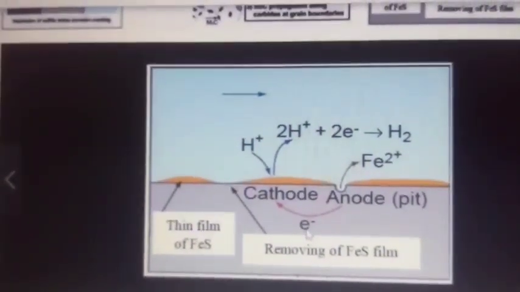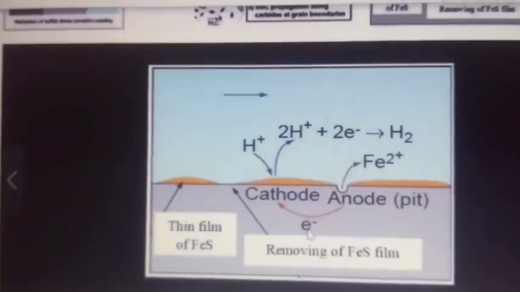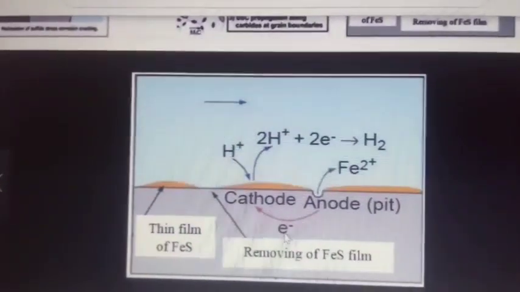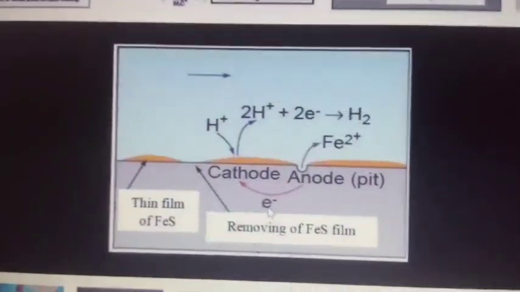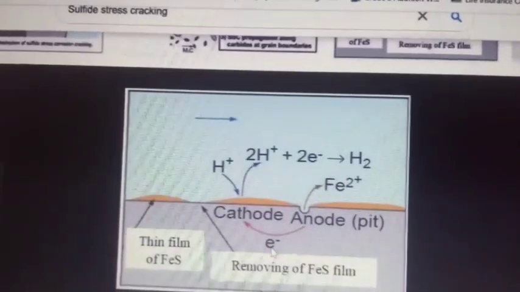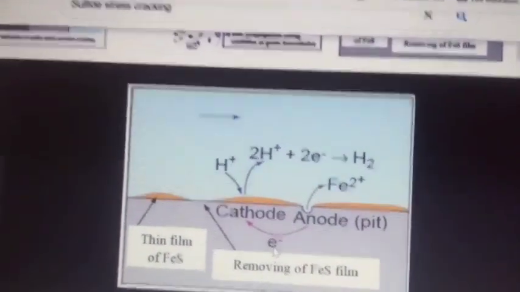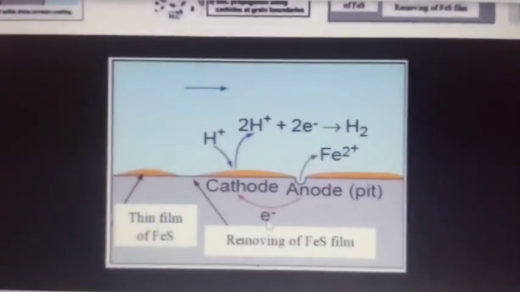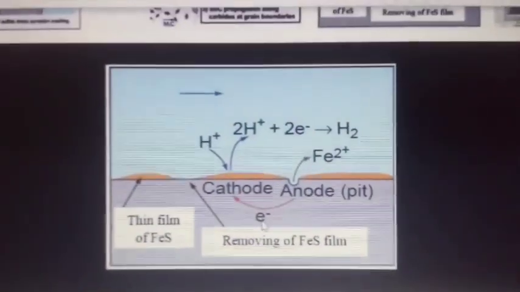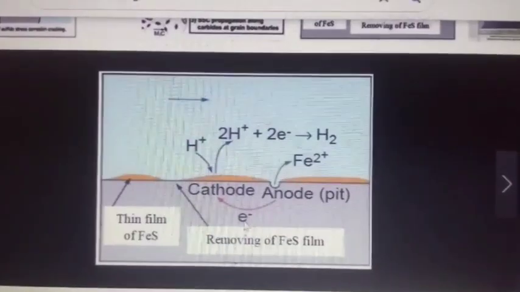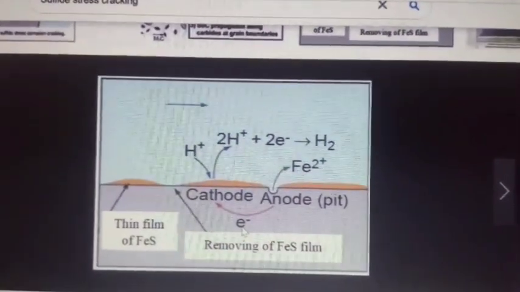So austenitic stainless steel or any FCC material will never undergo any form of hydrogen damage. If any damage due to hydrogen is claimed for an FCC material, you can bluntly say it will not happen. That's why carbon steel is more vulnerable, and stainless steel is not vulnerable.